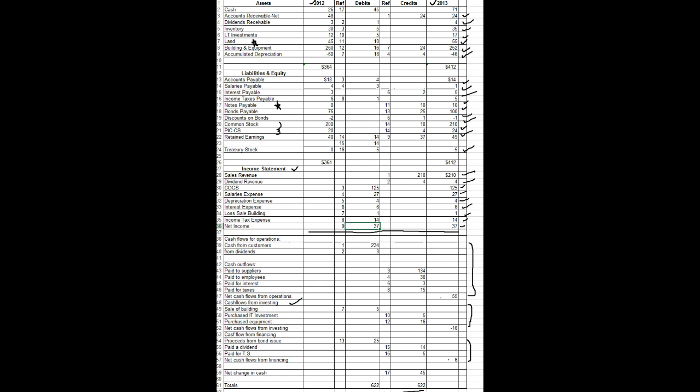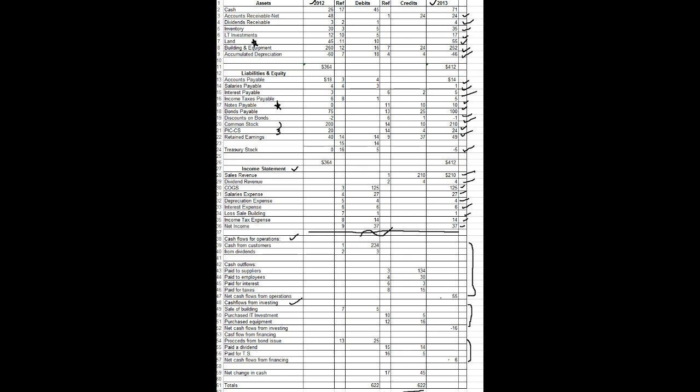As we analyzed changes in all of our accounts, we captured the change in a journal entry that recorded the change in the balance of the related account and then its effect on cash. And the effect on cash was placed in this section of the worksheet. If it was relating to operations, it was placed in the operating section.